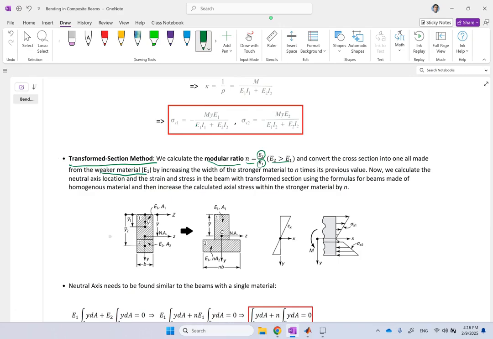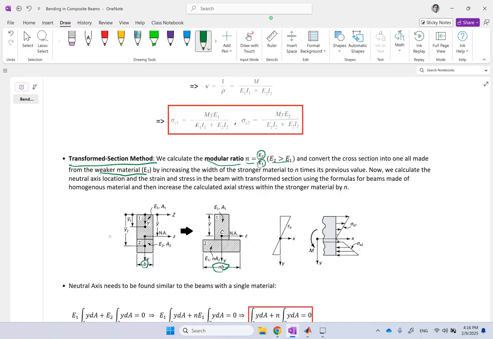And the way we do it is we increase the width of the stronger section to n times whatever it was. So if this is the cross section that I have, the bottom portion is material 2, the stronger one, 1 is the weaker one, b is the width of the material, and h is the total height. So I keep material 1 as it is, but section 2, I make it n times bigger, so I make it a width of n times b.